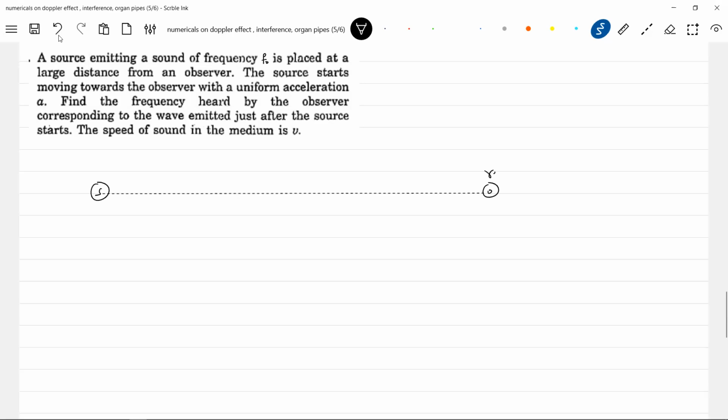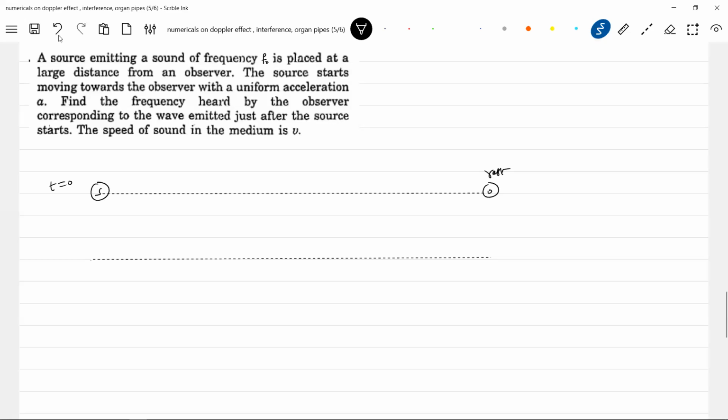The observer is at rest. Next, what will happen? The source will accelerate from rest. This is t equal to 0.